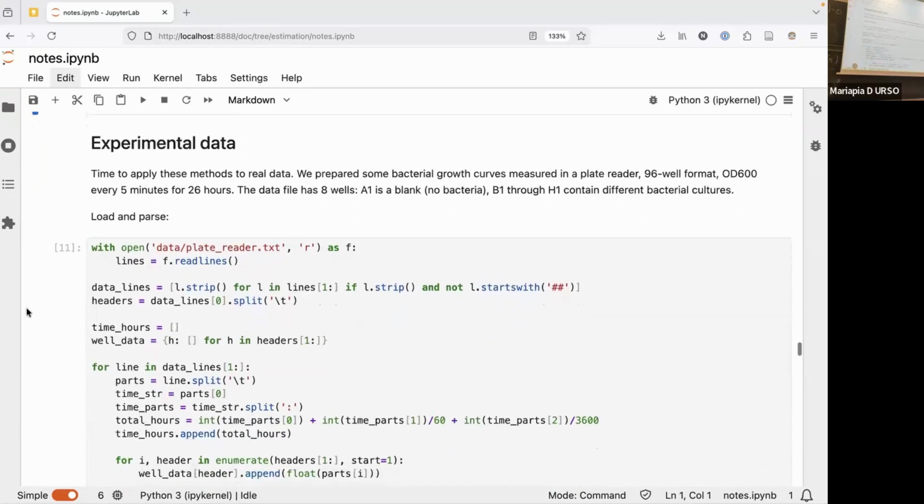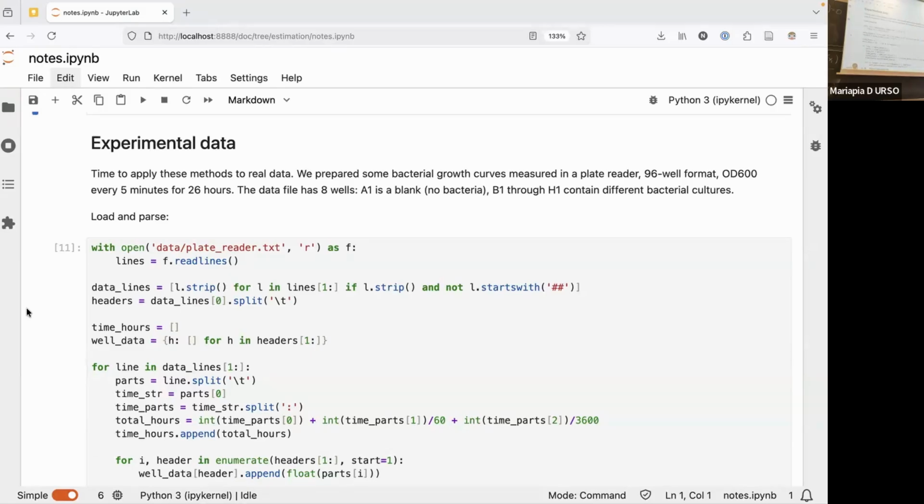Okay. So we take this scheme that we now learned, global then local, to experimental data. Here, we put into the lecture notes plate-reader.txt, which is just OD measurements over time that we took in our lab on the third floor here, just of standard growth curves.